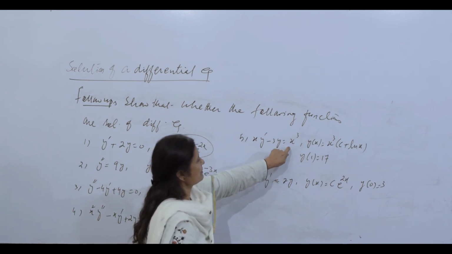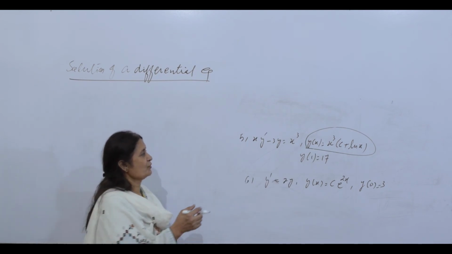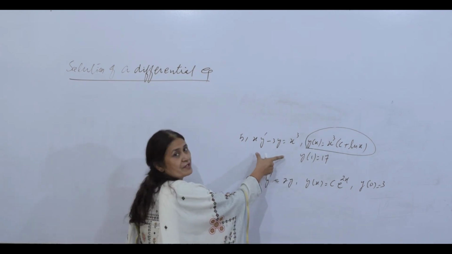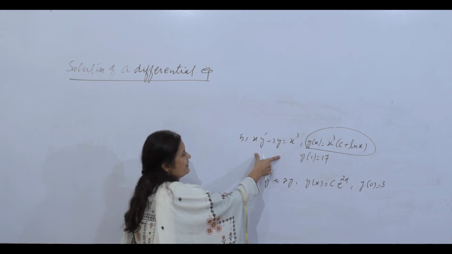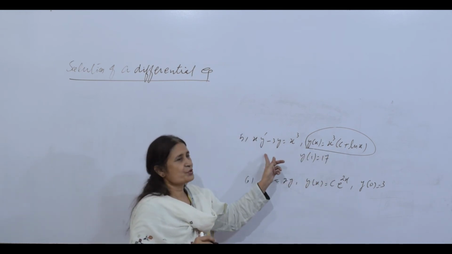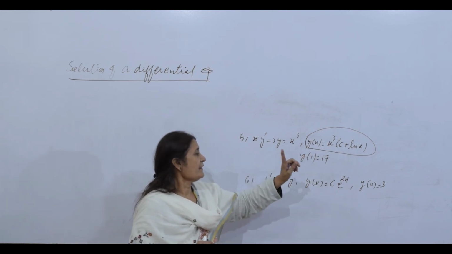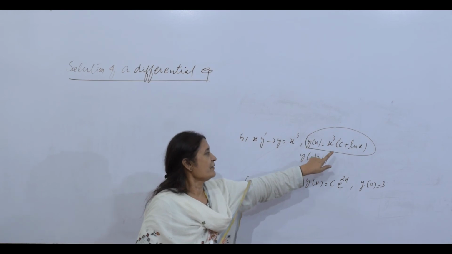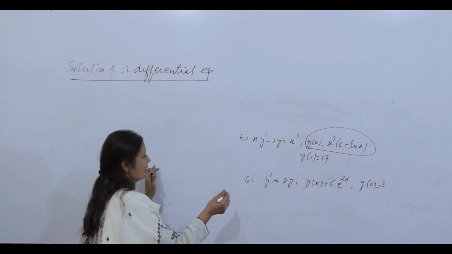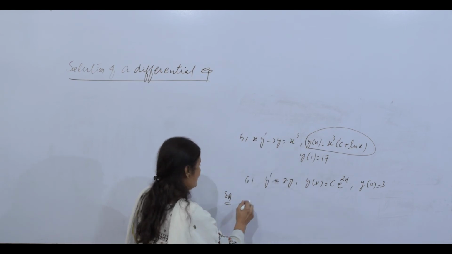I'm solving this because the conditions are given. This is a first order differential equation and this is the solution. If a function is given, you have to verify whether the given function is a solution, yes or no, and then by applying the condition you have to determine C. So let me solve y dash.